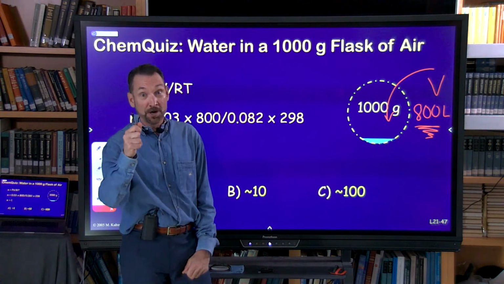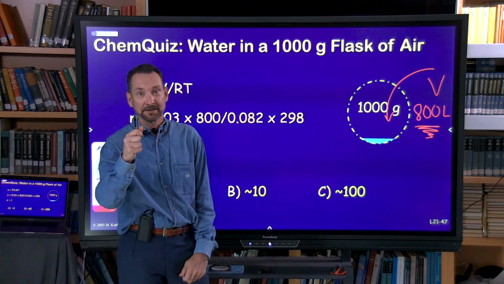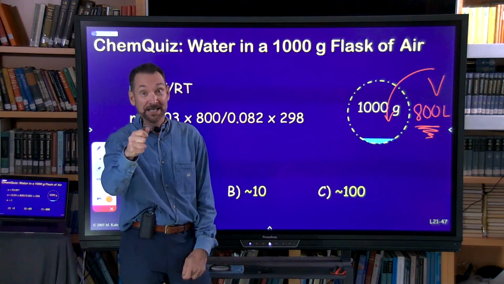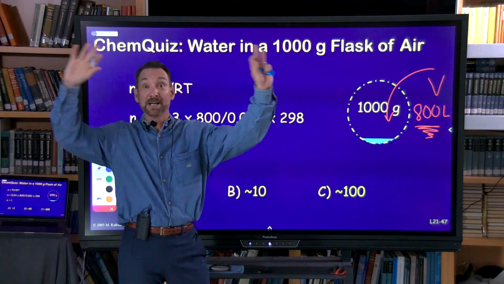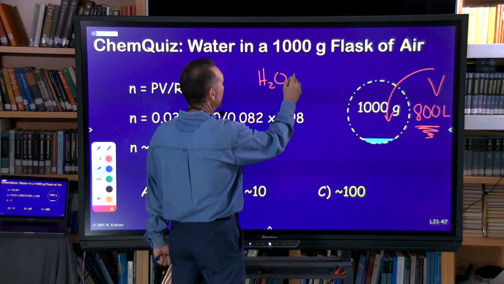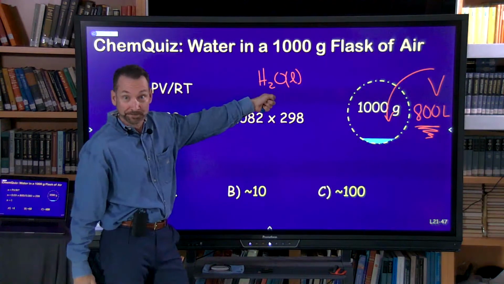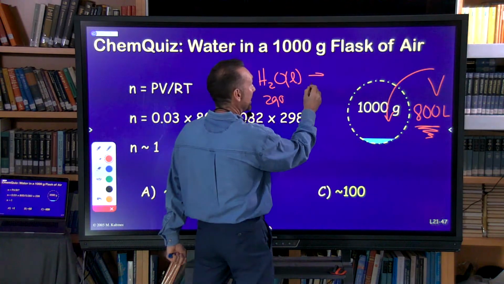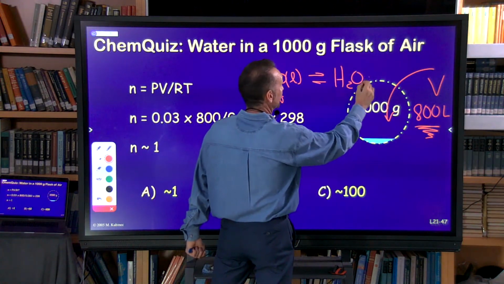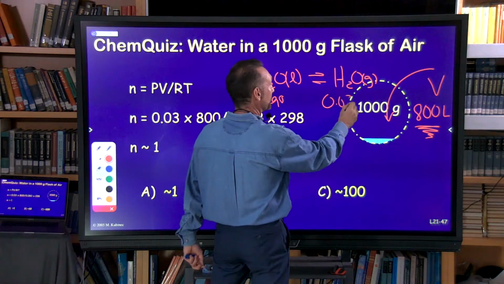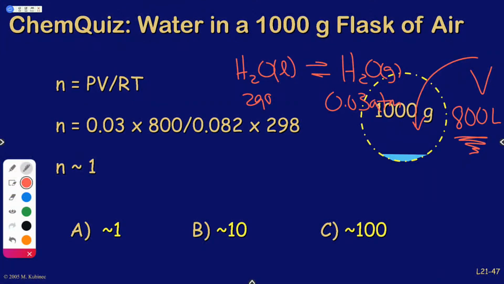Well, if there's liquid water present at 298, the partial pressure of the gaseous water must be 0.03. I don't care what else is going on. If this is there and the temperature is 298, then this is there at 0.03 atmospheres of pressure. Period. Take that to the bank.